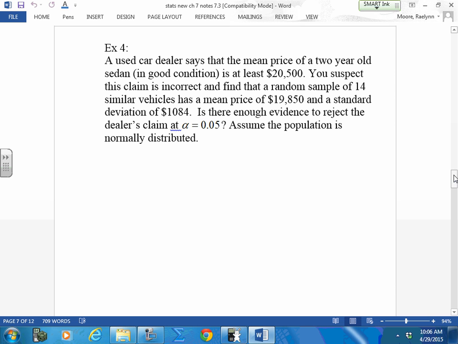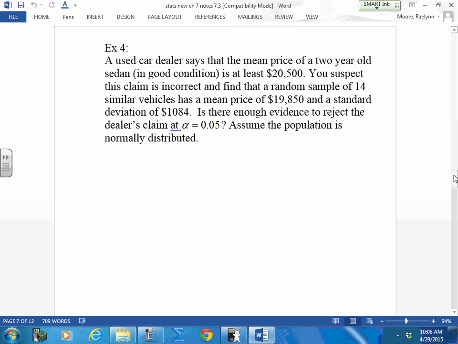You're still going to sketch. You're still going to give me the reject H0 regions. And the only thing is, with your p-val, do you notice on your table you can't pull off the p-val?